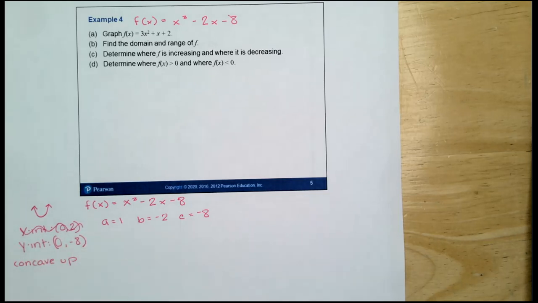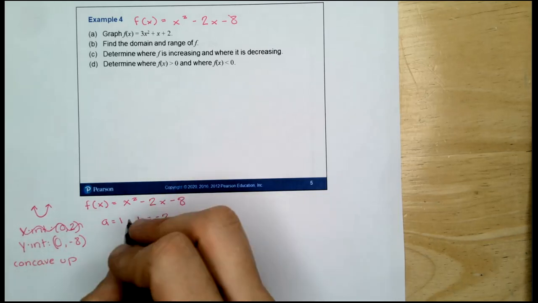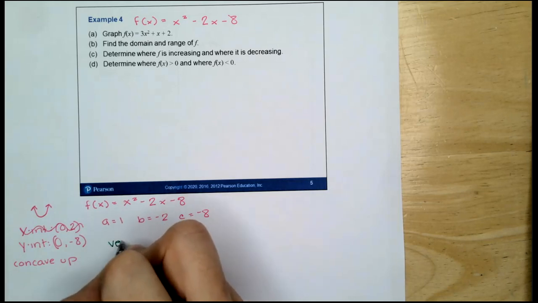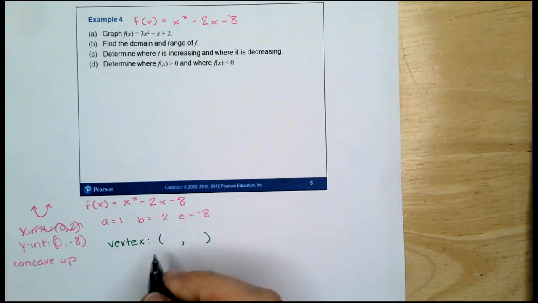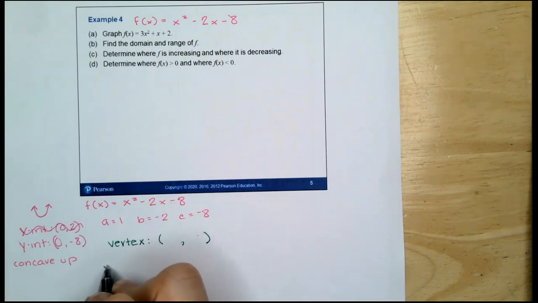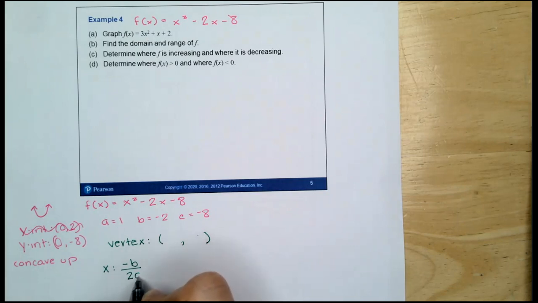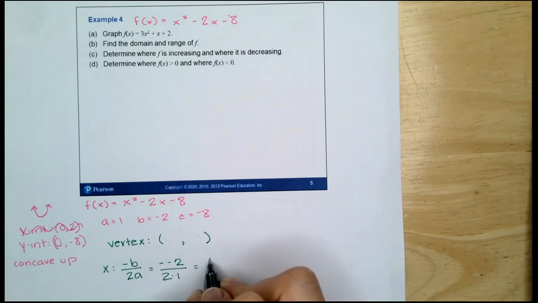And let's find our vertex. So our vertex, the x value is going to be -b over 2a, which is -2 over 2 times 1, 2 over 2, which is 1.